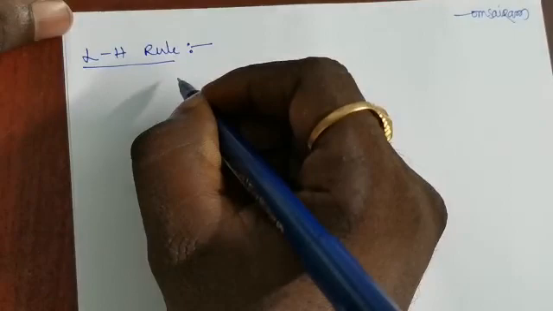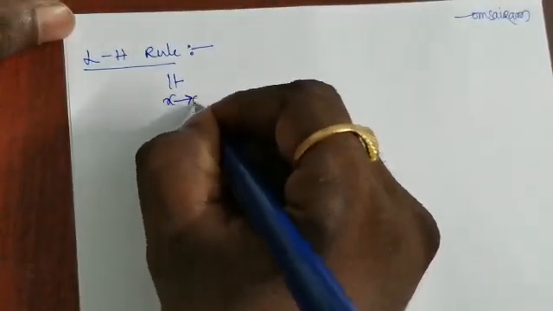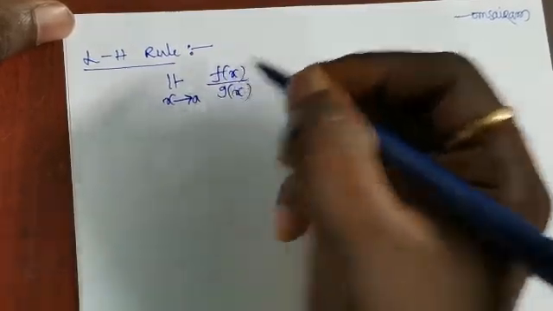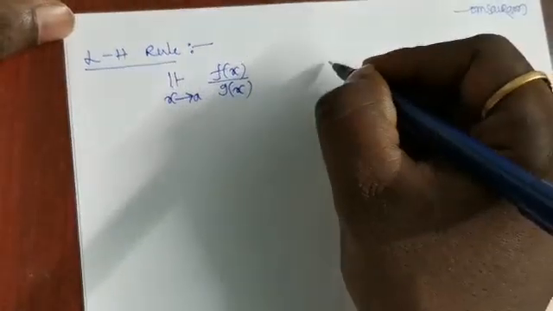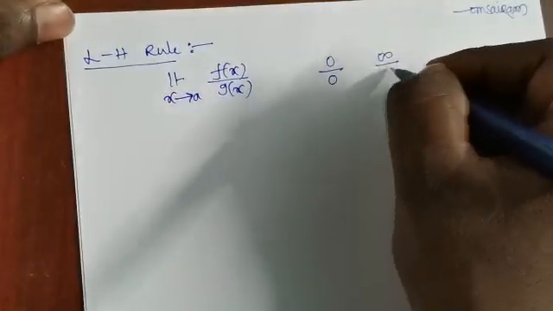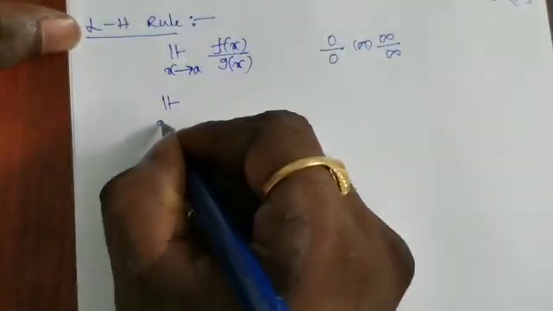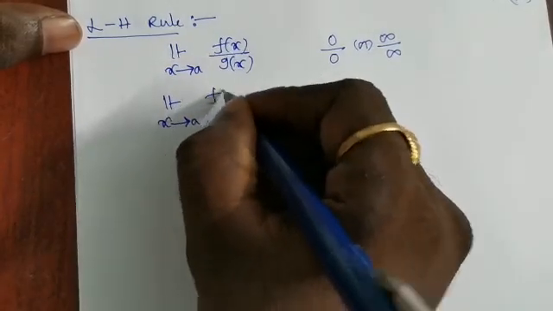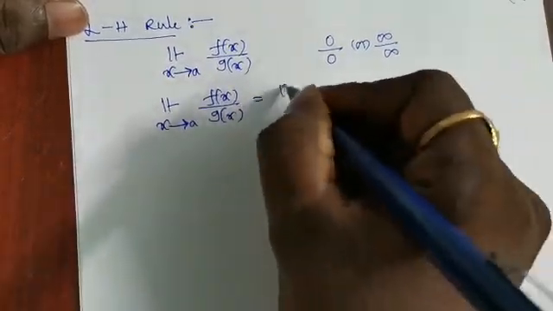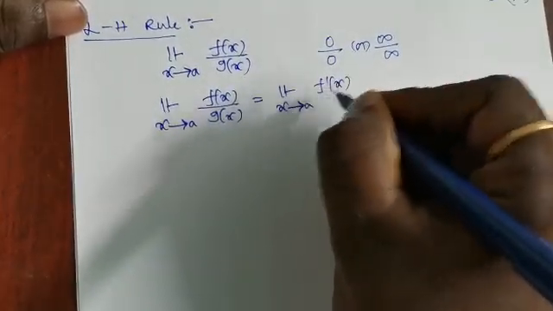First thing is, if our problem is like limit x tends to a of f of x by g of x, after solving this, if we get forms like 0 by 0 or infinity by infinity, whatever it may be, then limit x tends to a of f of x by g of x can be rewritten as limit x tends to a of f dash of x by g dash of x.